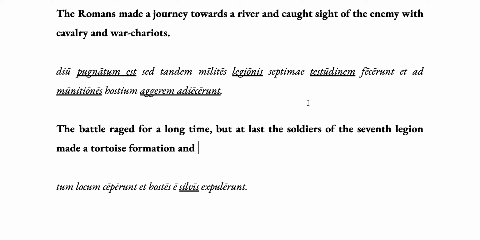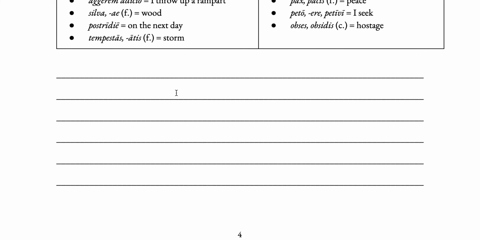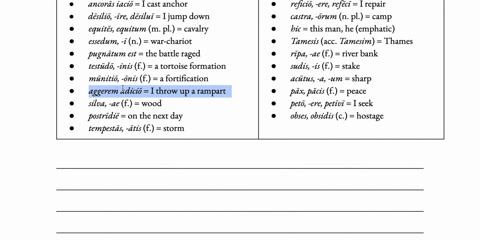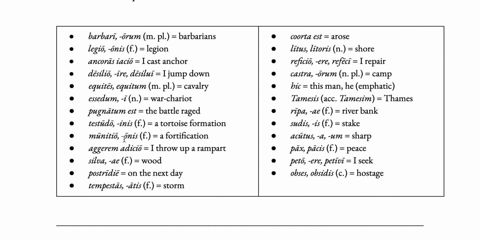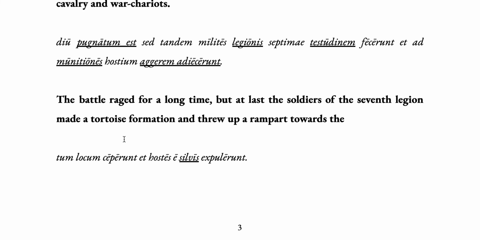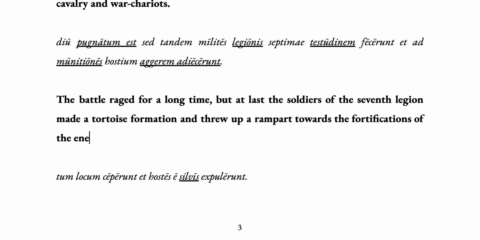And what else did they do? The main verb is adiecerunt. And again, this phrase is given to you. Aggerem adicio. It means I throw up a rampart. So they threw up a rampart ad munitiones, towards the, again, you can check munitiones, fortifications. Hostium, that's genitive plural, of the enemy.